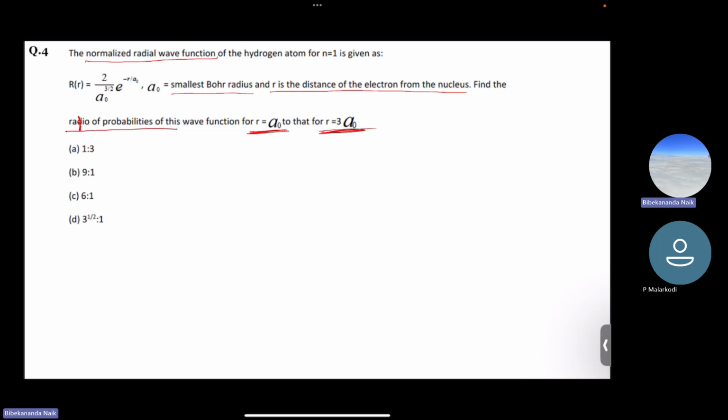So we know the probability of finding the electron is given by using the radial wave function. So the probability here is r square and R mod square, that is the mod square of the radial wave function.